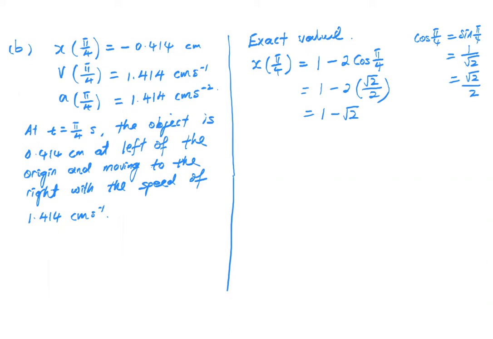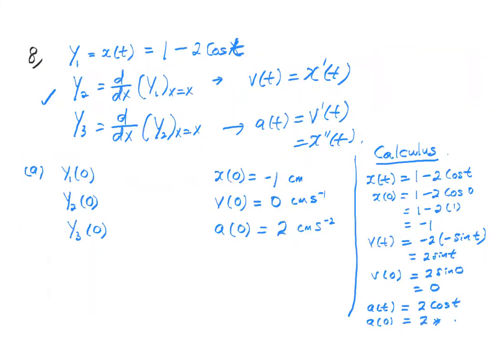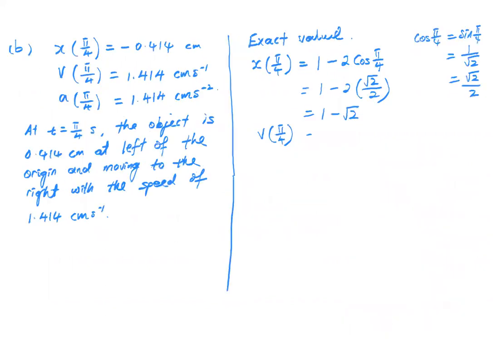Nothing new. Every day we press the calculator, we know. Okay, your V at pi by 4. So you have to go back to your V formula, which is 2 sin t. Clear? So I write down, this is equal to 2 sin pi by 4.